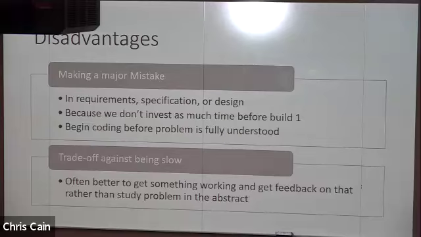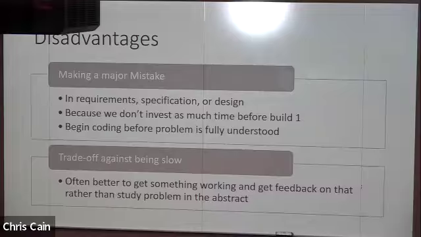Some disadvantages: if you make a major mistake in requirement specifications or design, you may have to completely re-engineer your solution. A lot of the cycles that you've gone through are now invalid or need to be completely redone, or massive code reworks still need to be done.